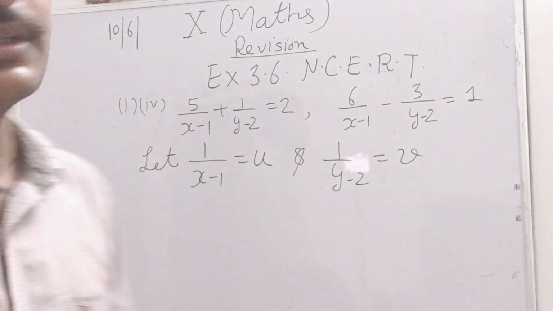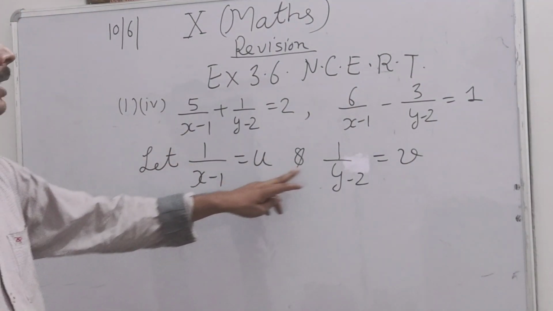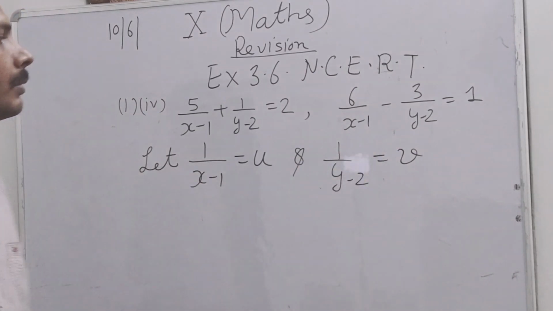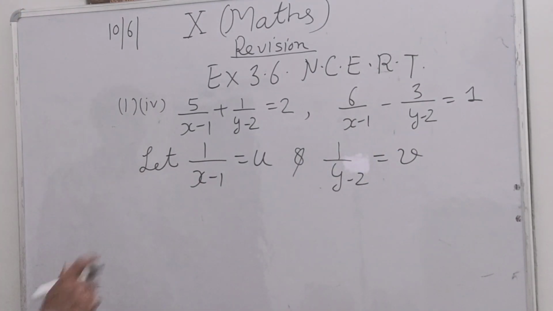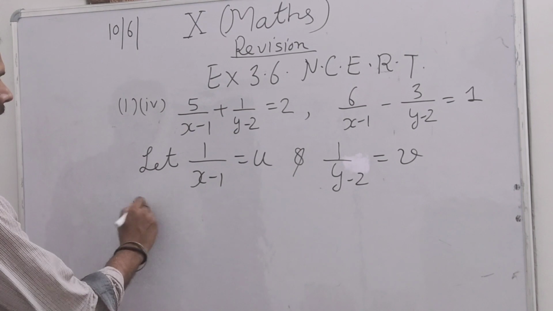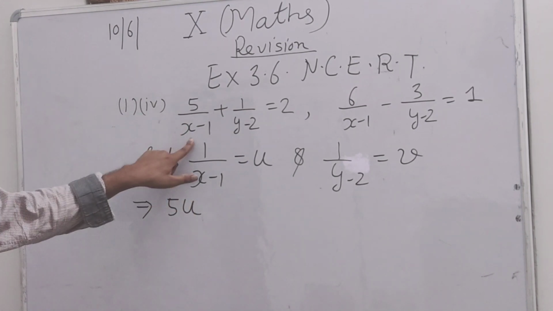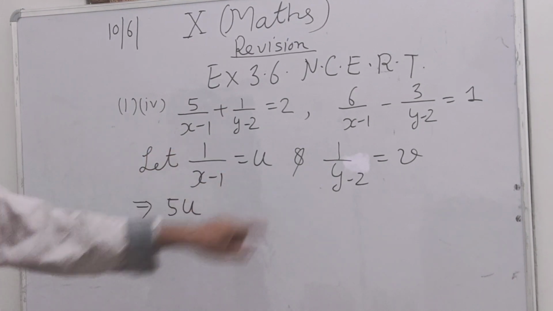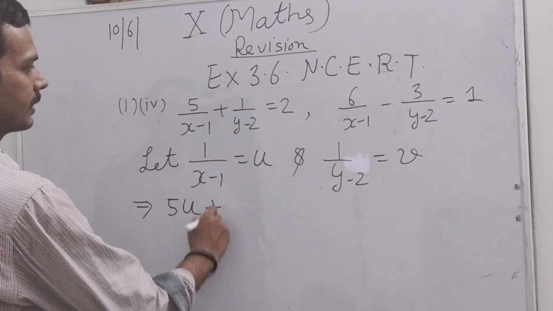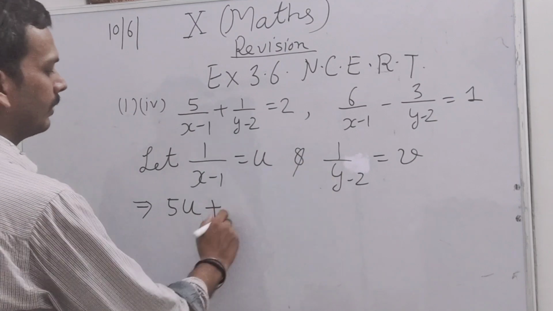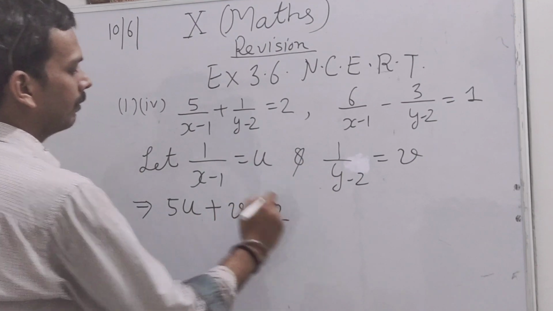So the equation changes to 5 into u, you know that it is 5 upon x minus 1, so it can be converted to 5u plus 1 upon y minus 2, so it will be v is equal to 2.